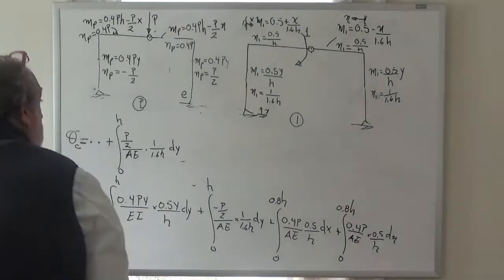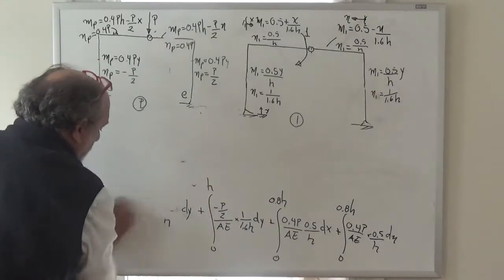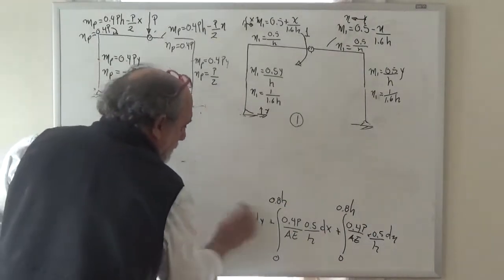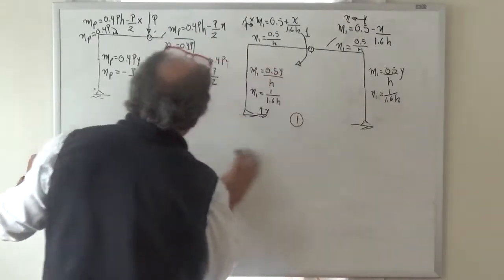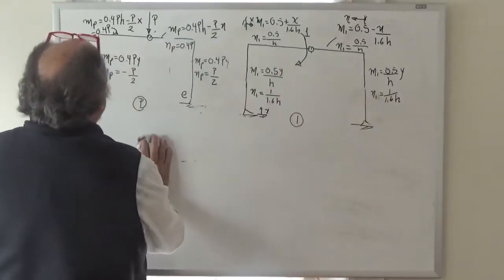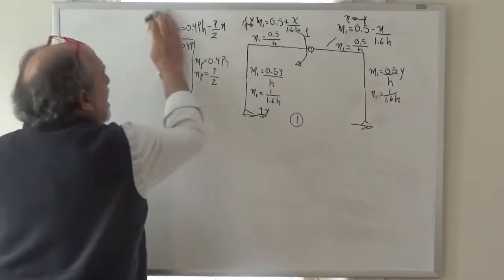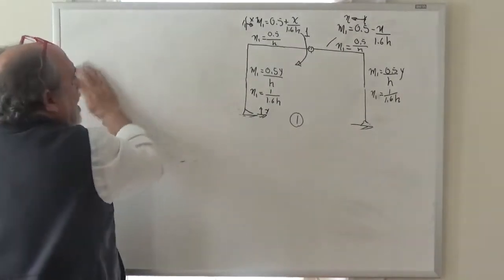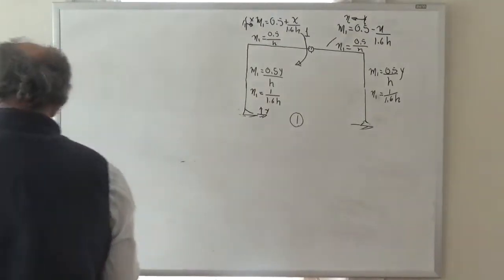So let me erase everything here. Let me erase this part. And let me leave the 1 kip-foot moment there.